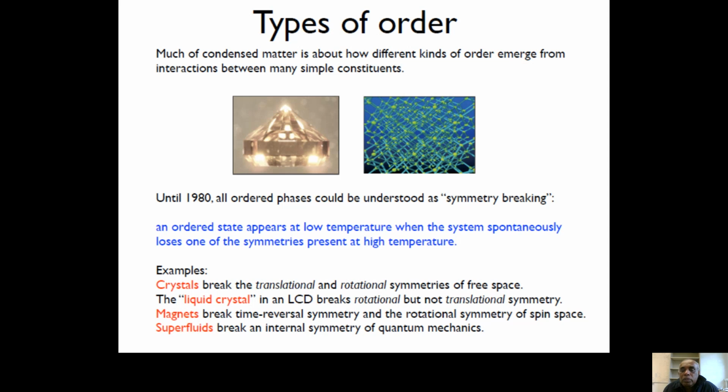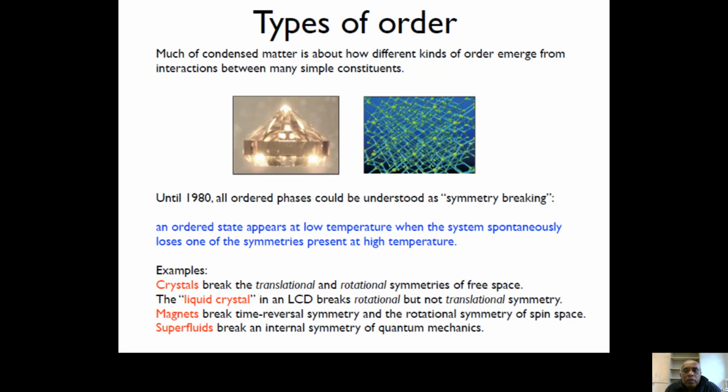These all have some kind of order. Until about 1980, these ordered phases could be understood as symmetry breaking phenomena. Here you can see some highly crystalline diamond or other ordered atomic configurations. Until the late 1980s, people understood these ordered phases as a phenomenon of symmetry breaking.